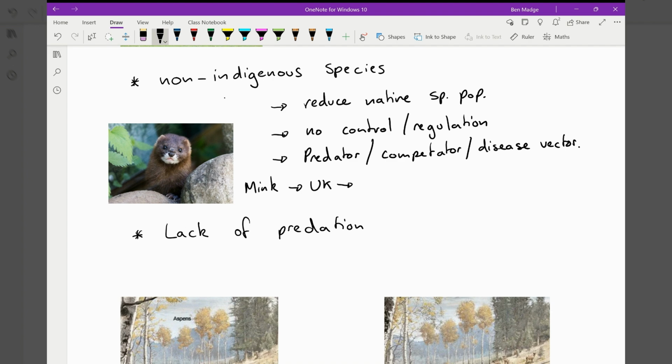And they breed in the wild, and they have really major negative impacts on the population of water voles, which have not evolved to cope with the particular predation pressures that mink can exert because they're very small, semi-aquatic hunters, which are actually able to predate water voles, whereas not very many native species can.